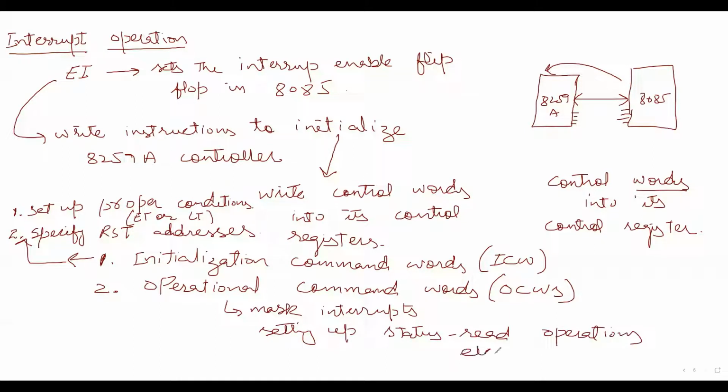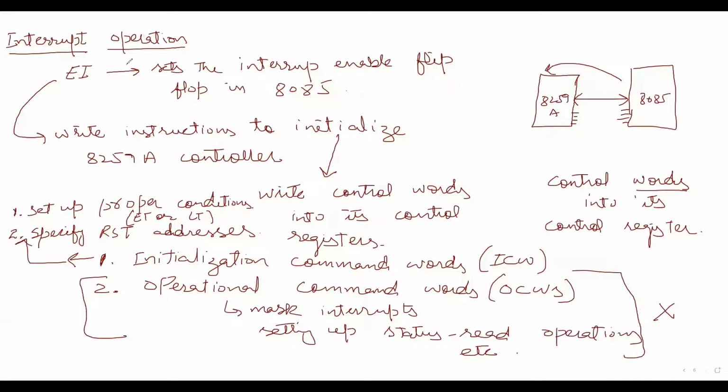But remember that we won't be discussing this kind of word in this particular lecture, because they are not useful for microprocessor 8085. We will only discuss two initialization command words, one used to set up proper conditions and another to specify RST addresses.